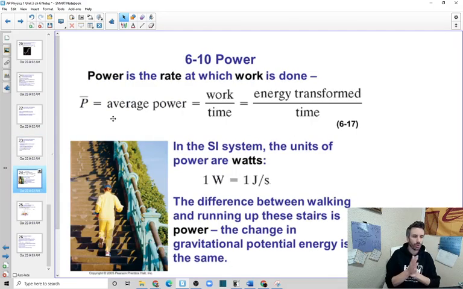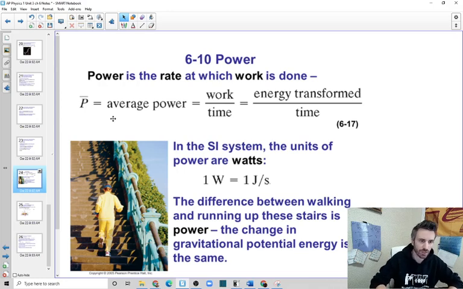Power. Power is work divided by time, and I will express that a little bit further here. In fact, let's look at units if we can here a little bit.